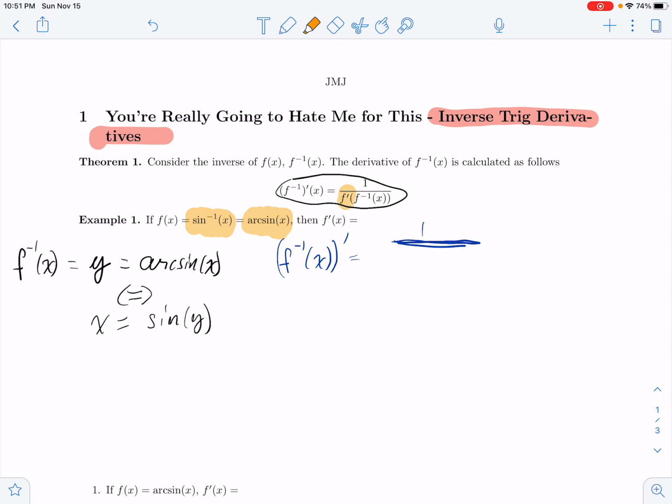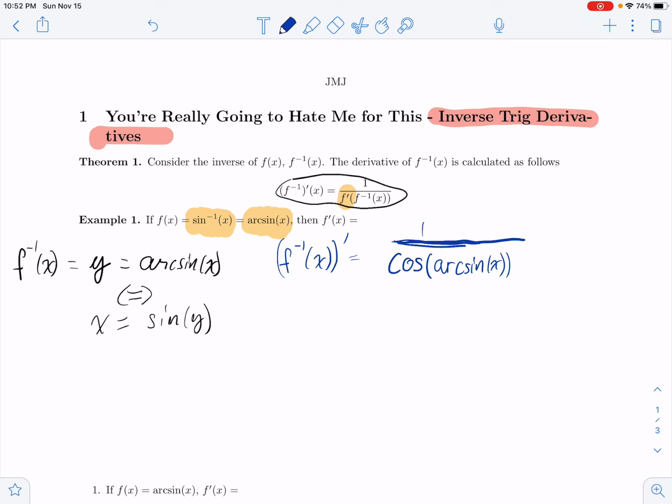Arc sine is the inverse of sine. So I need the derivative of sine, which is cosine. And then I also need f inverse of x, so this would be cosine of arc sine. Which is a fine formula, but it's not particularly useful. We want to make it a little cleaner, and we can.